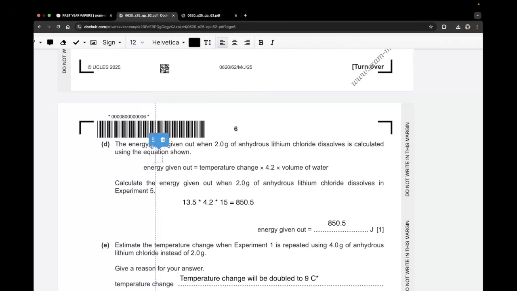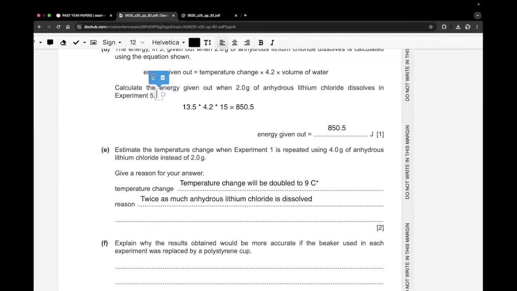That is the reason why we have the temperature increasing. So we have twice as much dissolved, twice as much energy is released, which is why this temperature is also doubling.